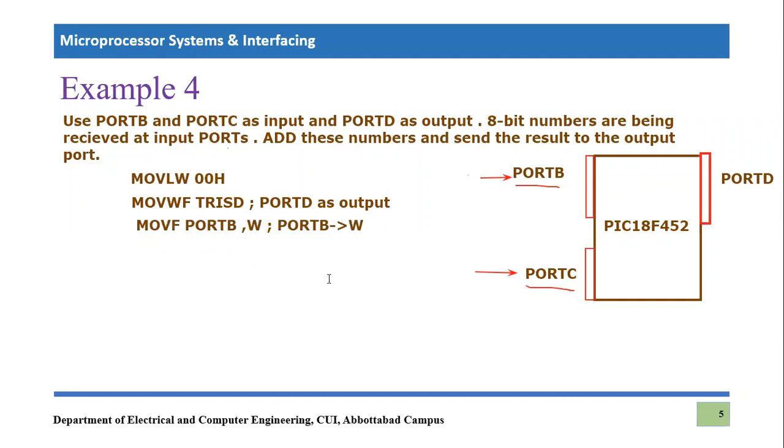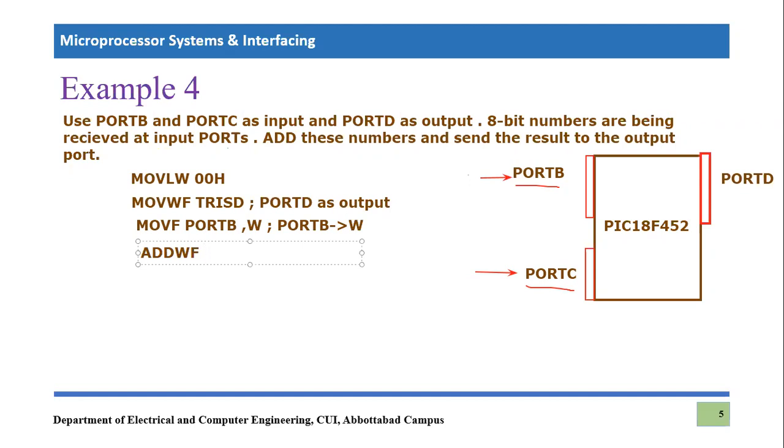So now one piece of information is present in the working register, and another in the file register, which is port C. So let's add them up, and we know a very useful instruction, which is ADDWF, add working and file.